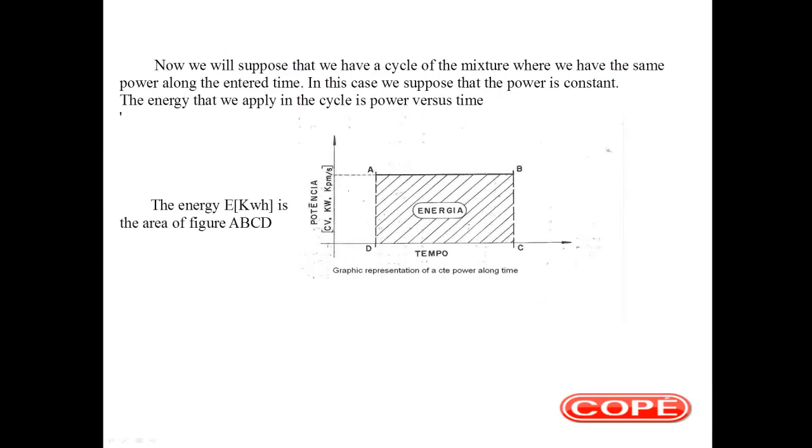Now, suppose you have a mixing cycle where the power is constant during the entire cycle. The graphic area, power versus time, is the energy that you use in this cycle.